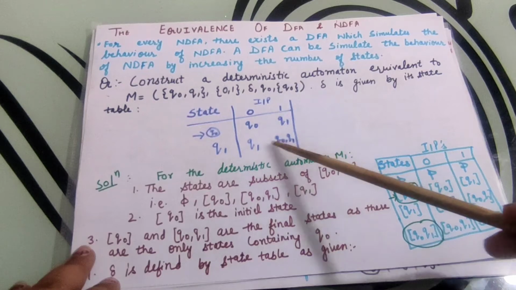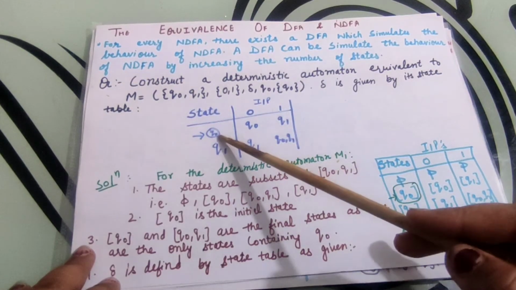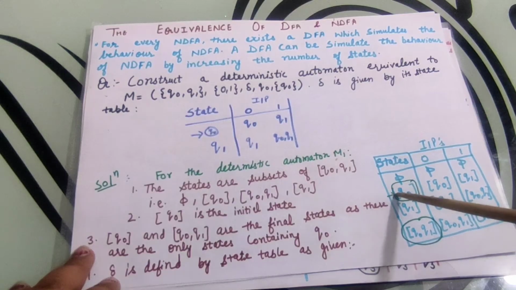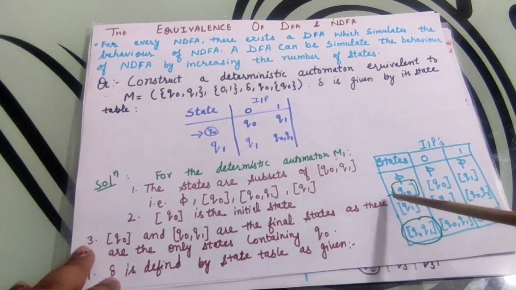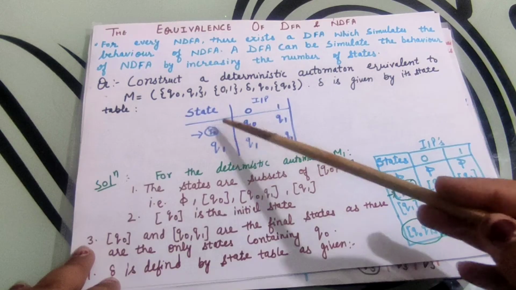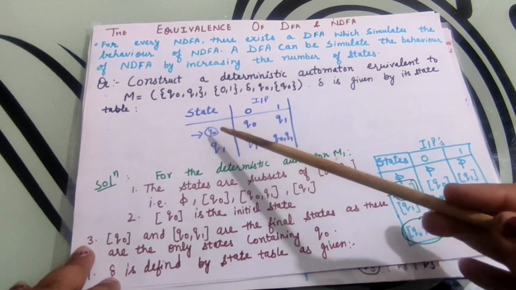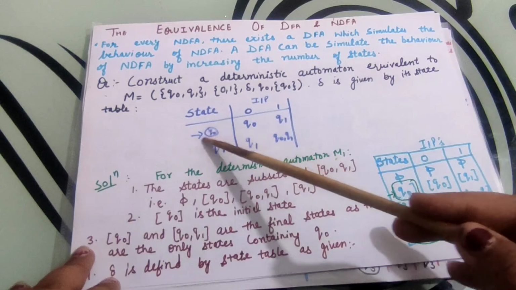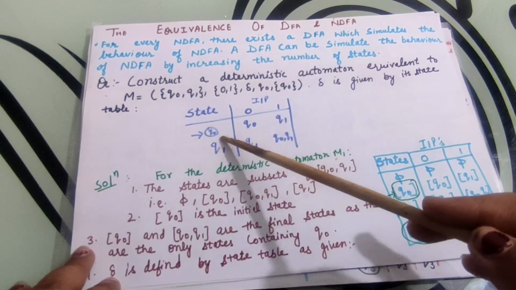Now, in this table, Q0 behaves like an initial state. So write Q0 as an initial state here, represented with the help of an arrow. In this NDFA transition table, there is only one final state, that is Q0.